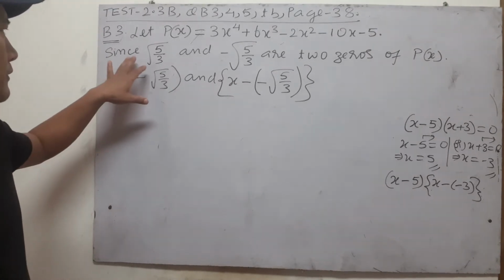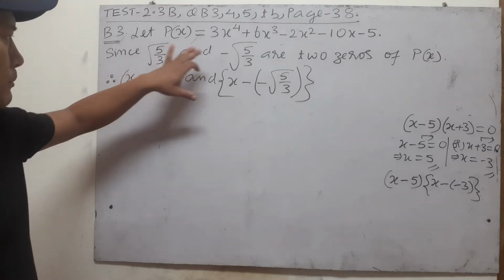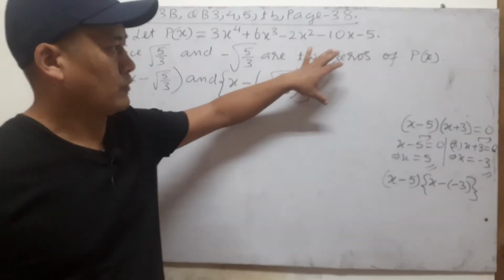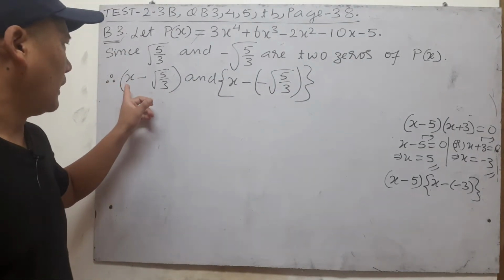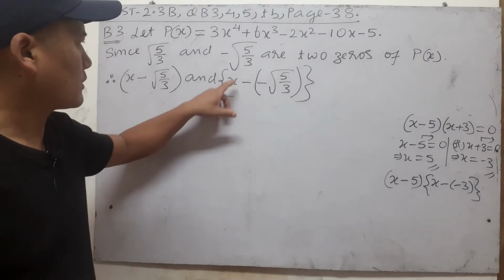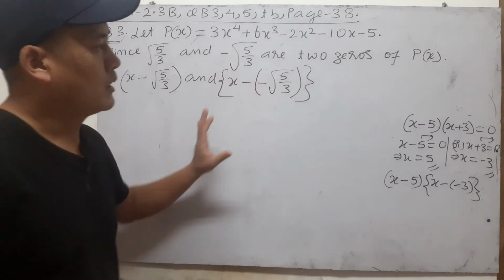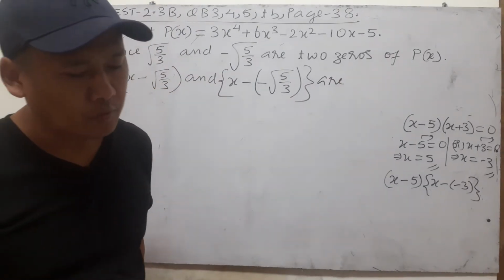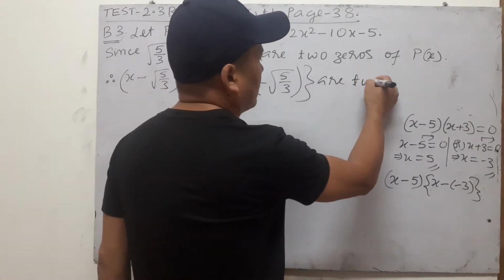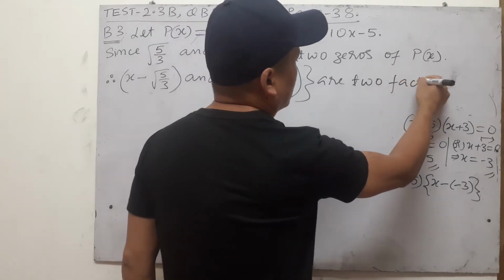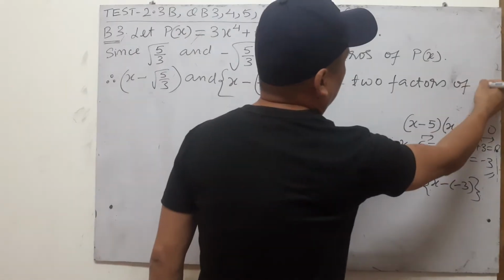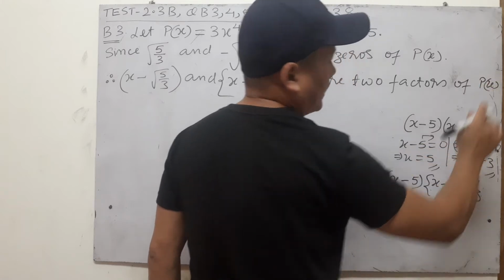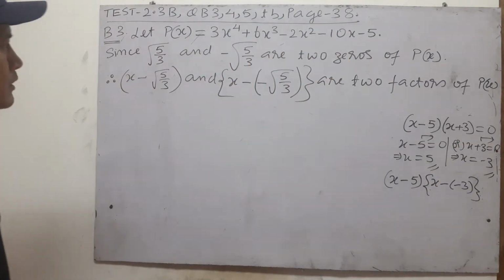In other words, if root 5 by 3 and minus root 5 by 3 are the two zeros of p of x, then x minus the first zero and x minus the second zero are two factors of p of x. So we have got that one.